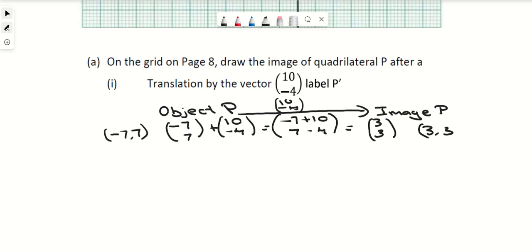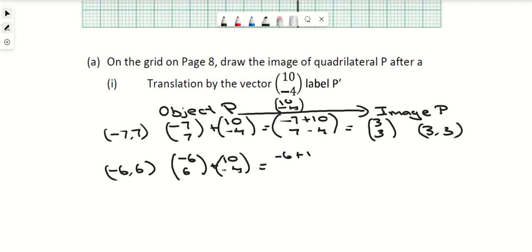My second coordinate is minus 6, 6. Change this to a column vector, minus 6 on top, 6 at the bottom, plus (10, -4). So it is going to be minus 6 plus 10 and 6 plus minus 4.